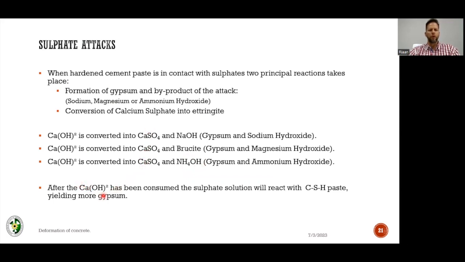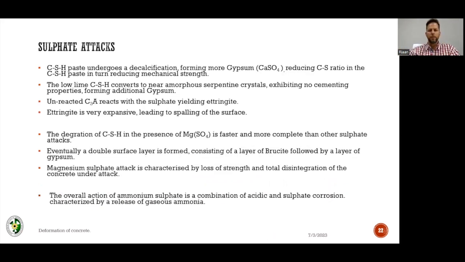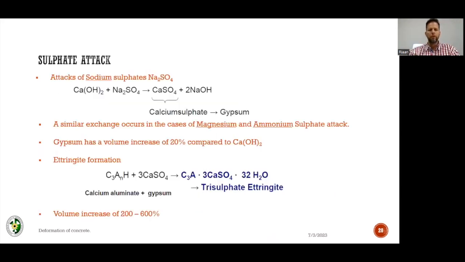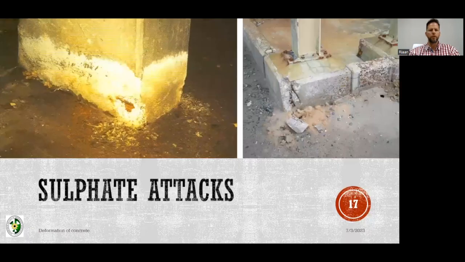After the calcium hydroxide has been consumed, the sulfate solution will further react with your CSH paste, yielding even more gypsum. That reaction is a bit slower, but it does happen. So you just imagine this whole thing just keeps on happening. And what happens is you end up losing the surface of your concrete, literally, as you see over here. The aggregate becomes exposed.